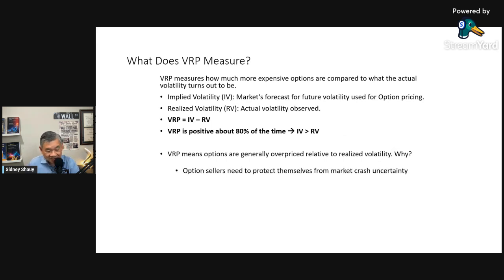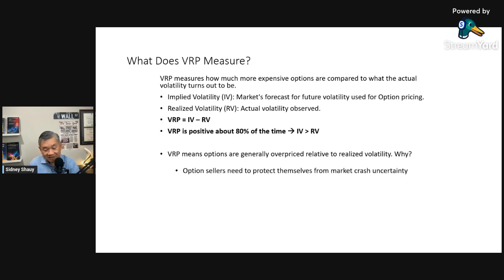Option sellers need to protect themselves from market crash uncertainty because they're taking all the risk, right? You're paying them a premium upfront, a fixed amount, and then they run all the risk. What if the market crash doesn't happen? Good for them, because they pocketed the premium money and didn't have to pay anything out.